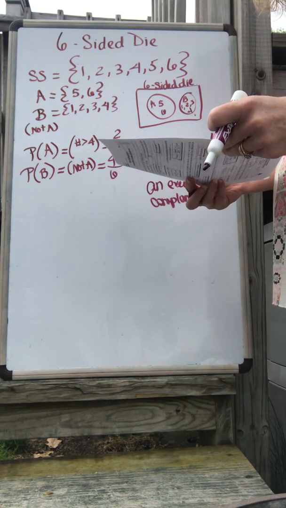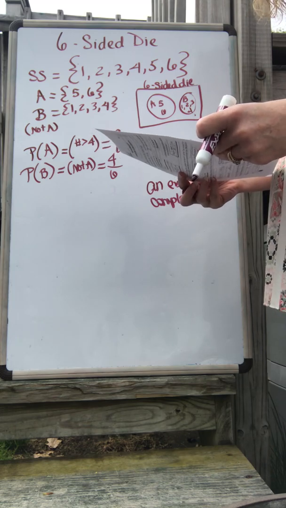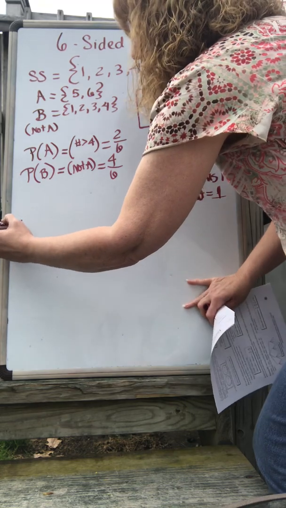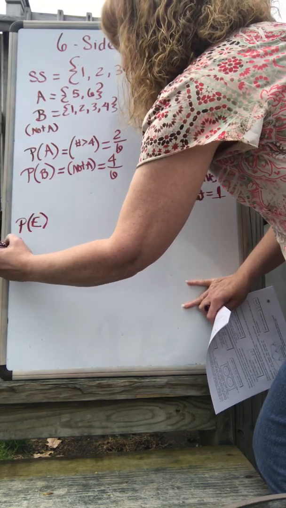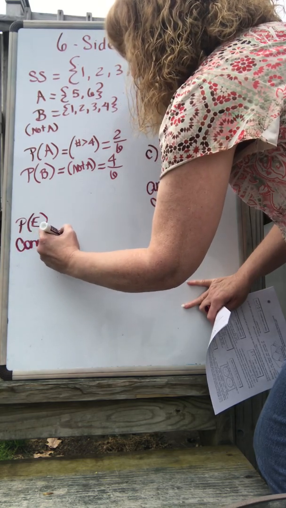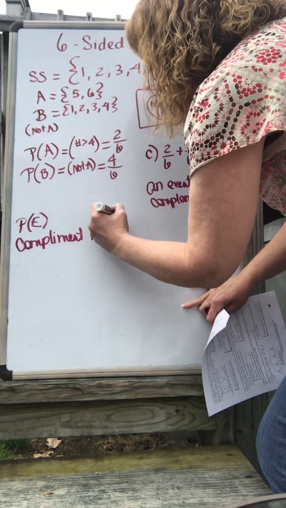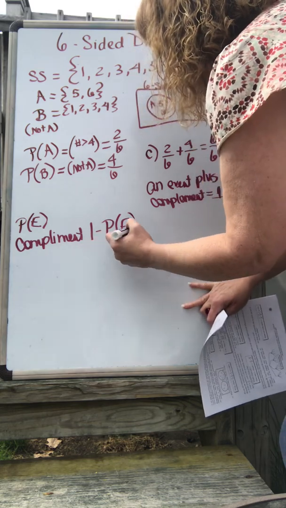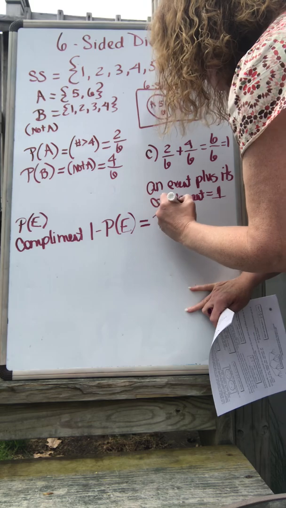And so now they say prove that the sum of an event with the probability of its complement will always be 1. Well, if we want to prove it, we have the probability of an event and then the complement, and the definition of complement is 1 minus the probability of the event, which would then be called the probability of not the event.